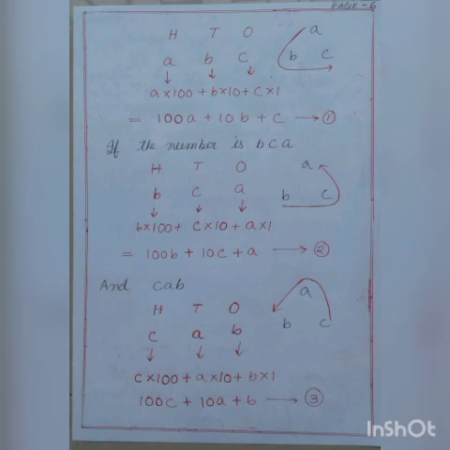If the number is BCA, then the generalized form of the number will be 100B plus 10C plus A. I have given it equation number 2. And if the number is CAB, then the generalized form will be 100C plus 10A plus B, which I have given equation number 3.